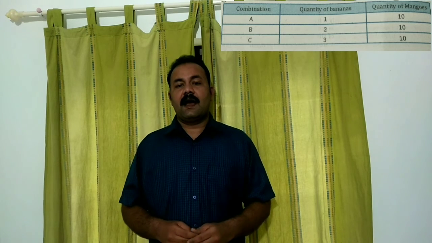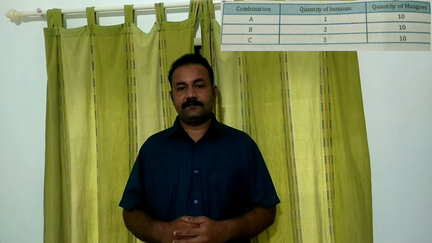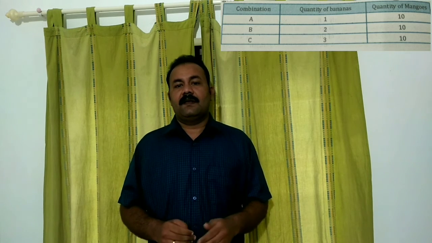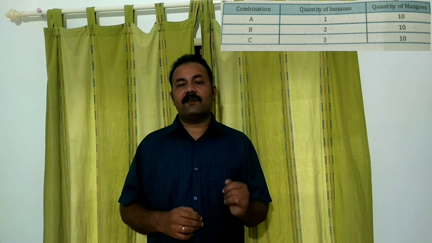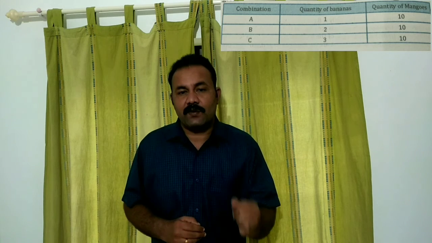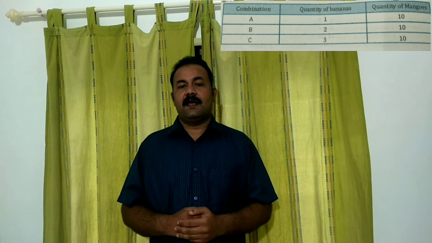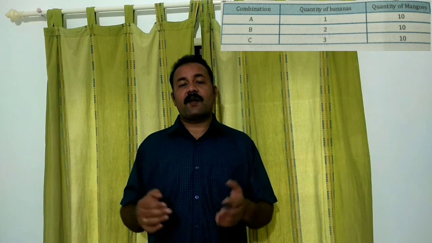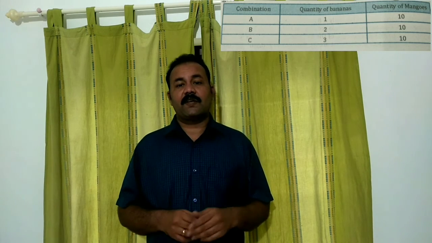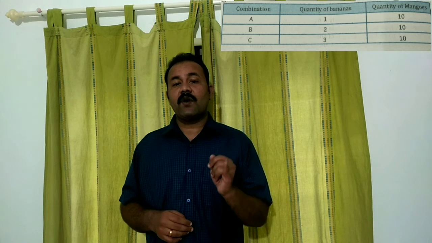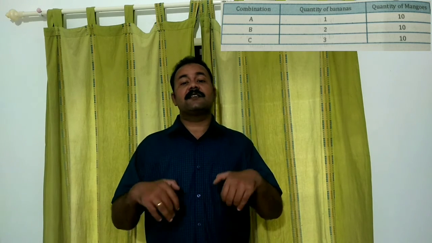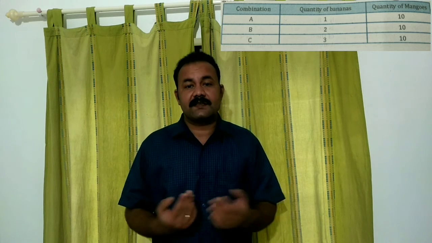bananas. At that time what is happening? In combination A, he can consume 1 unit of banana and 10 units of mangoes. In the second case, the quantity of mangoes is fixed at 10, but he can consume 1 more unit of bananas, that is 2. Then his satisfaction will increase.